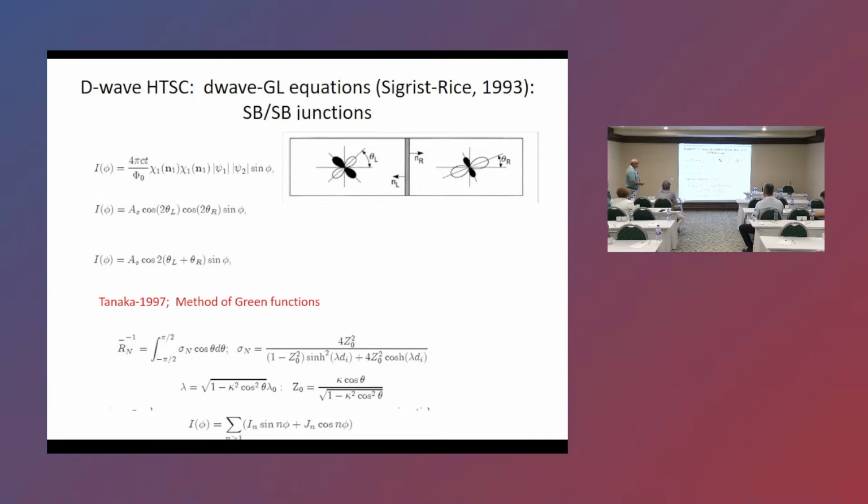As you can see here, the final result is determined by the angles theta L and theta R. This is derived here taking into account d-wave character of the order parameters, and as you can see here, theta L is the angle between the plane of the junction and the d-wave parameter. And a similar calculation was also conducted by Tanaka using Green function methods.